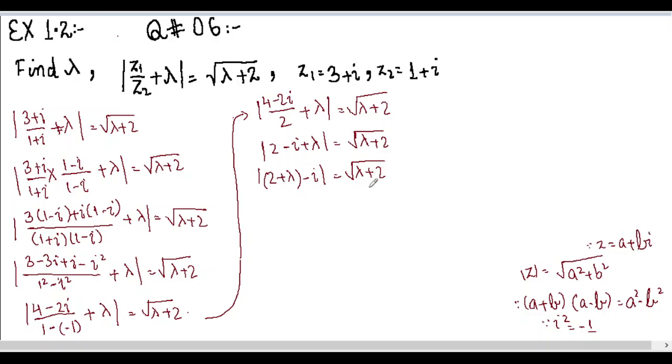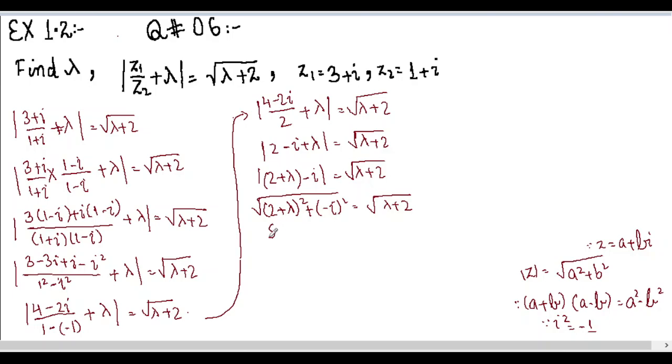Here a is the real part and b is the imaginary part, so real part square plus imaginary part square with whole square root is the formula of magnitude. So we write square root of real part square, the real part is 2 plus lambda whole square, and the imaginary part is minus iota, so plus minus iota whole square, with a square root equals square root of lambda plus 2.